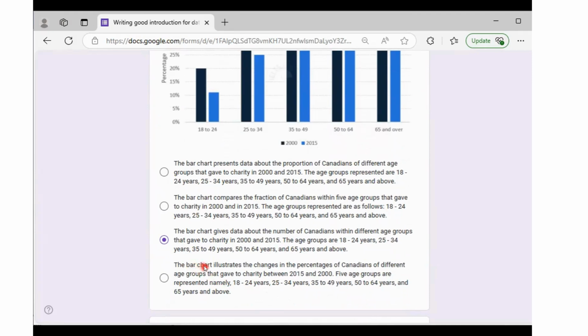There's a problem here. Between 2015 comes after 2000. So it should be between 2000 and 2015. So this last one has problems. So these last two are faulty. Okay?